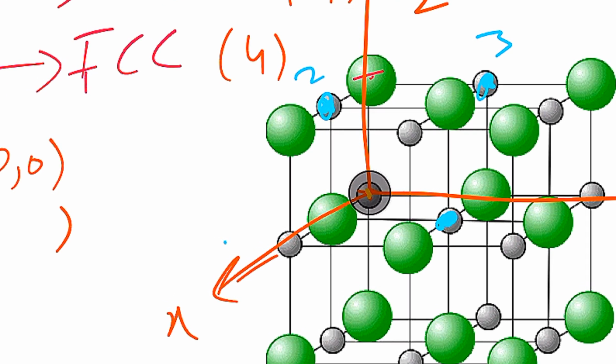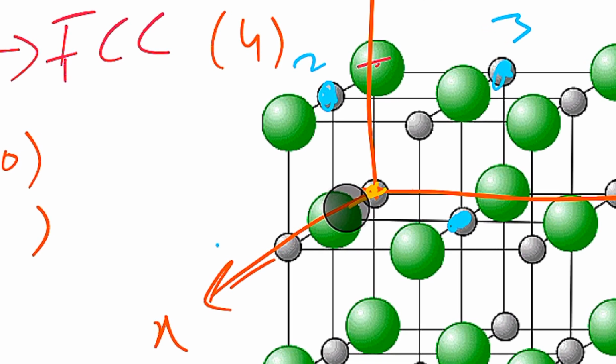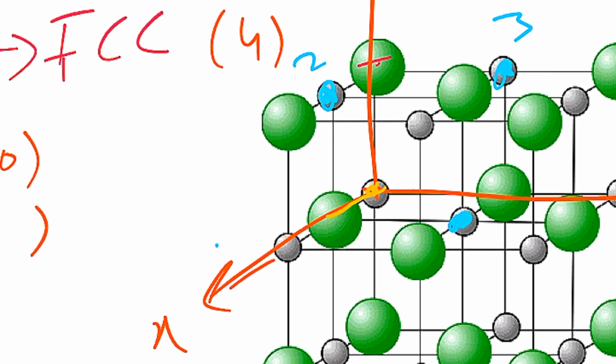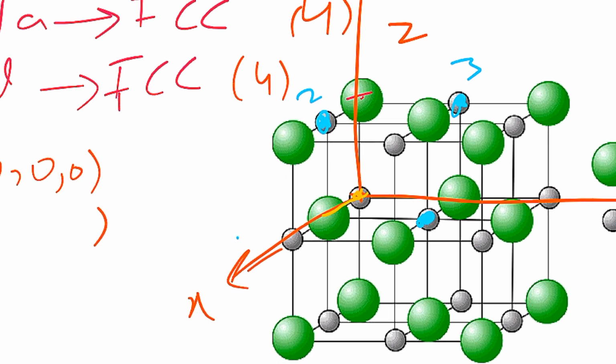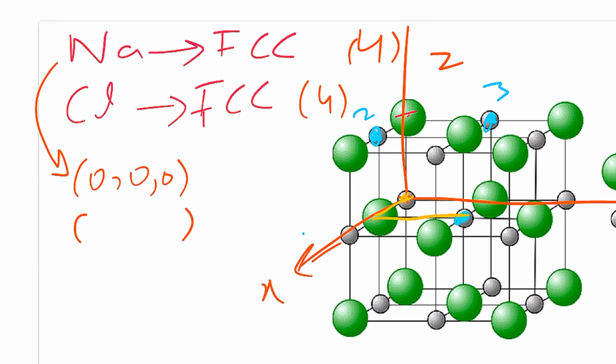So this is the origin, and we'll start moving from origin. From a sodium atom to a chlorine atom it's half distance. We moved half along x, then half along y. If we draw the straight line, this is half along y, and we reached this atom. Why half? Because we are traveling between 2 unlike atoms.